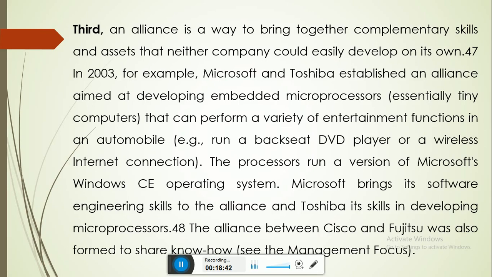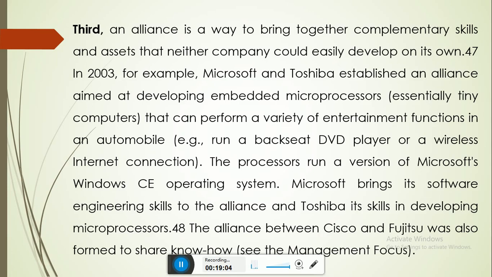So if you see here, Microsoft brings software engineering skills. Microsoft is very good in software engineering, while Toshiba is developing microprocessors. They are very good in developing this tiny component. That's why they came together.